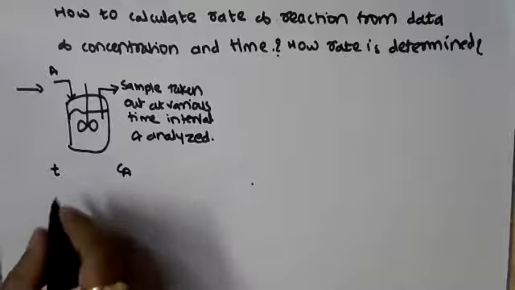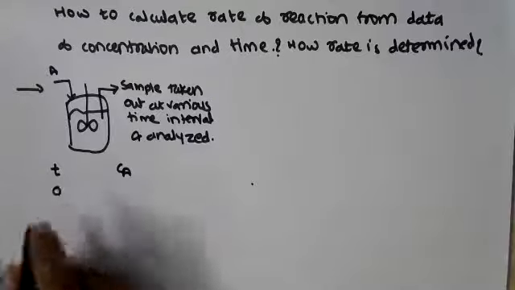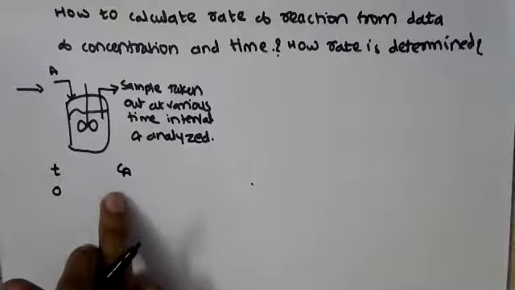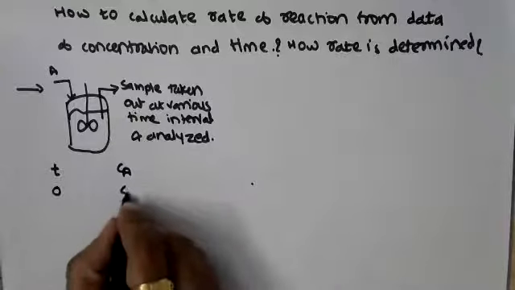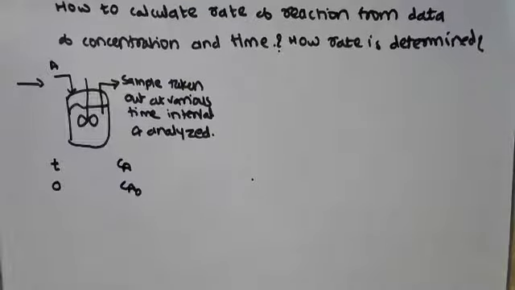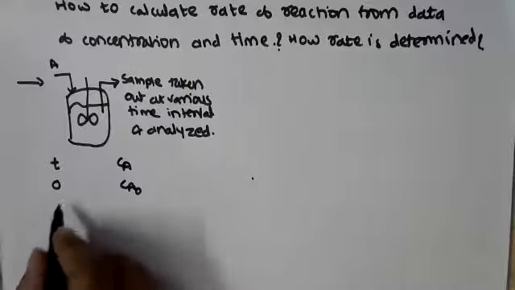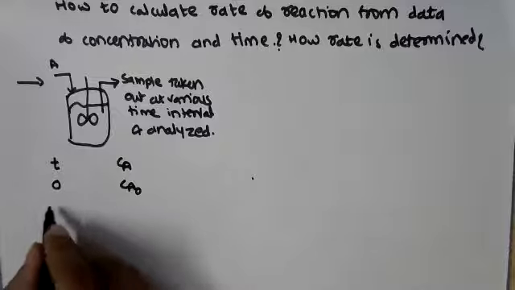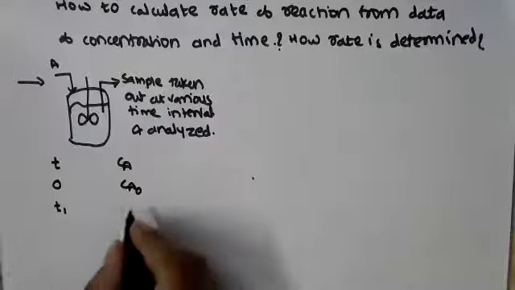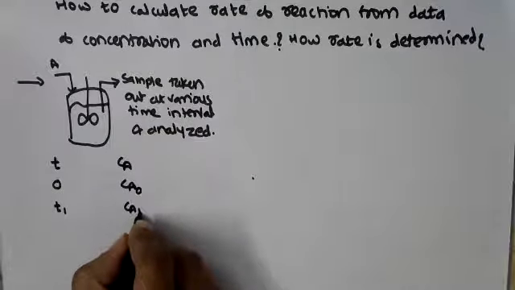Say when time t is equal to 0, that means when the reaction is not yet started, whatever the concentration of reactant is there, that is considered as CA0. CA0 stands for the initial concentration of the reactant. Then say you have taken out a sample at time t is equal to T1, the concentration is CA1.